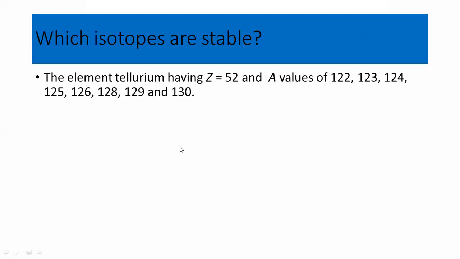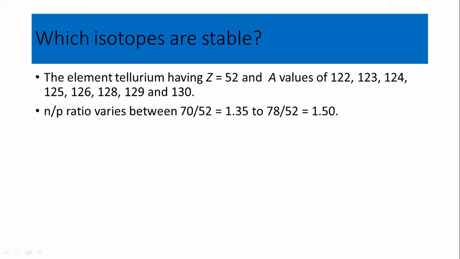Again, I have only 2 minutes to finish this meeting. The element tellurium has this atomic number and this mass number, that means these are different isotopes of tellurium, and its ratio is varying.